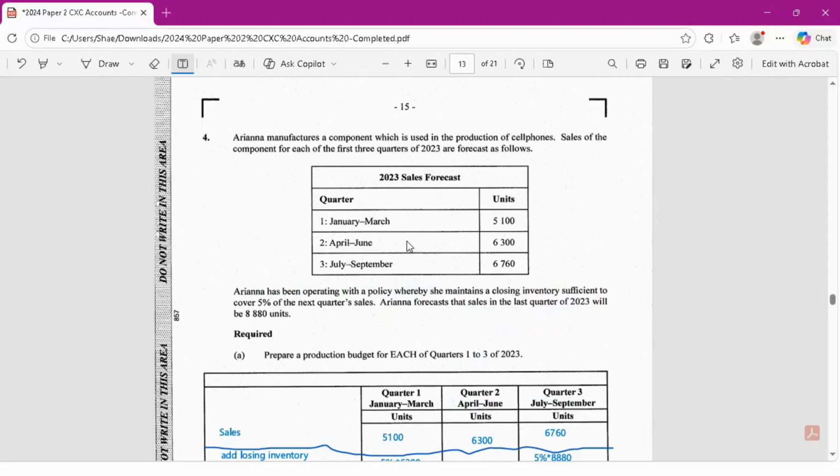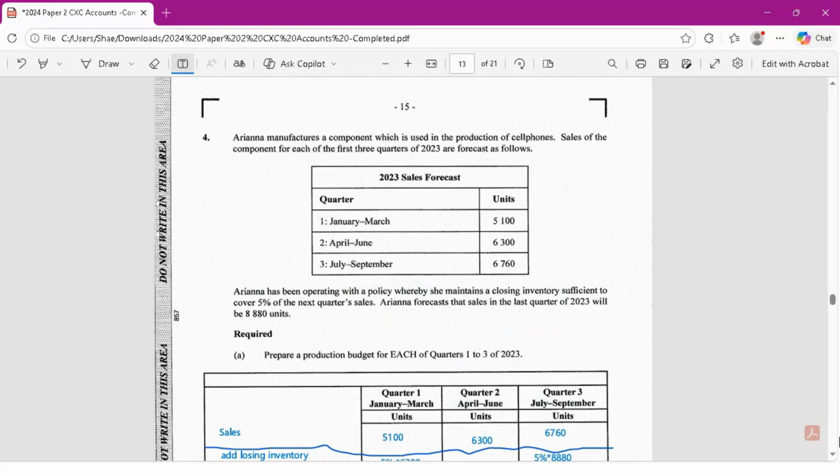Remember that every quarter there is 5% of sales that is maintained of the next quarter. So for January to March, the previous period they would have ended with 5% of the expected sales for January to March. So therefore we're going to find 5% of what was sold in January to March to determine how much they started the quarter with.